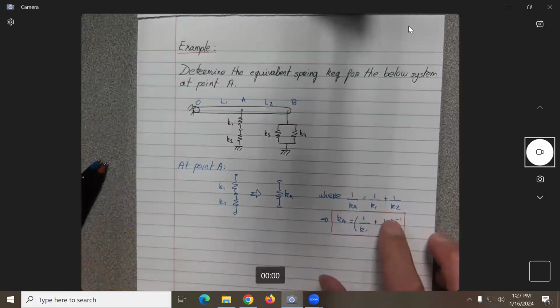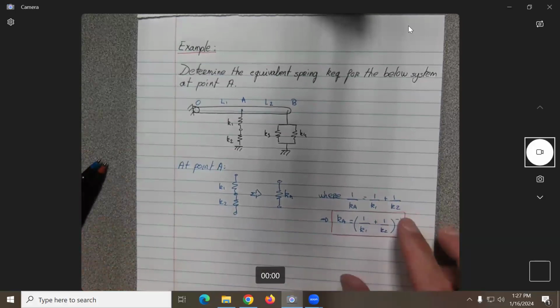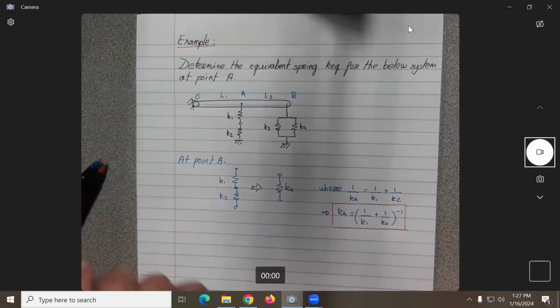Or it should be what? K1, K2 over... I mean, you can do the algebra, no? But I leave it in the general form.